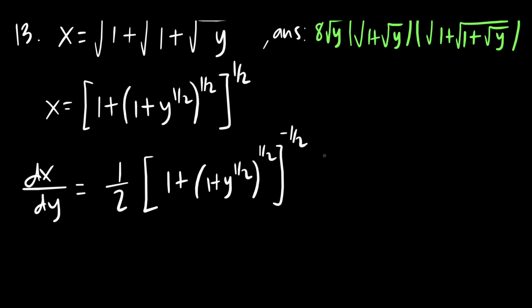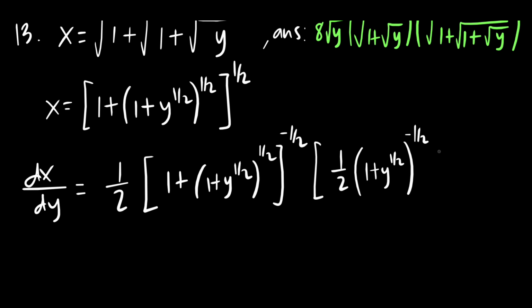So we have the derivative inside. So the derivative of 1 is 0. So multiply by 1 half, plus copy inside. So 1 half minus 1 is just equal to negative 1 half. So the derivative inside.